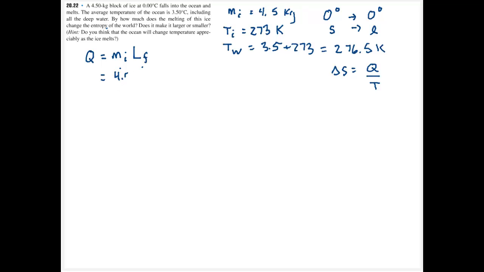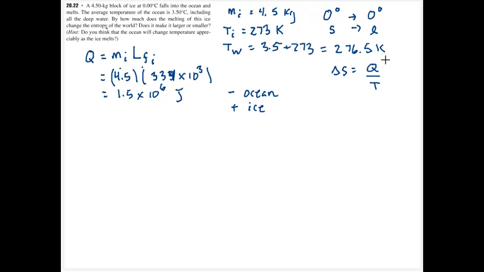The mass of the ice is going to be 4.5 kilograms. The latent heat of fusion for ice, you can take a second to look it up, is going to be 334 times 10 to the 3rd joules per kilogram. So that's going to be equal to 1.5 times 10 to the 6 joules. And again, this will be negative for the ocean, and it's going to be positive for the ice.